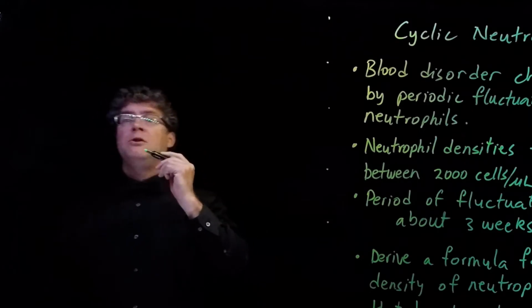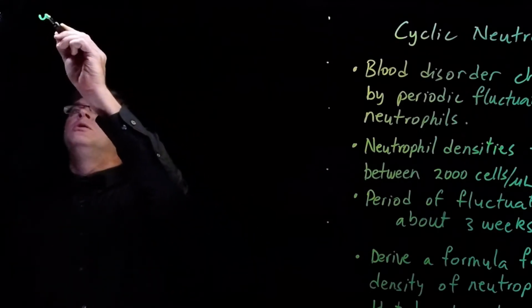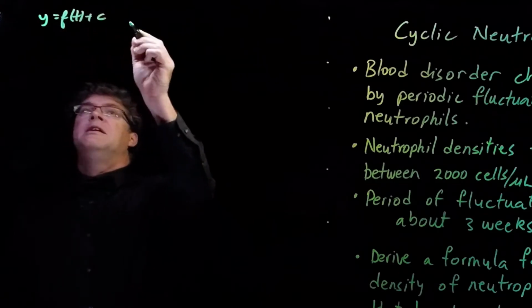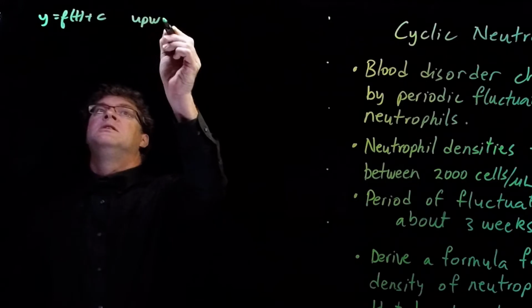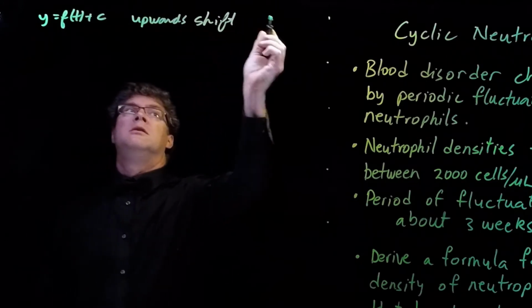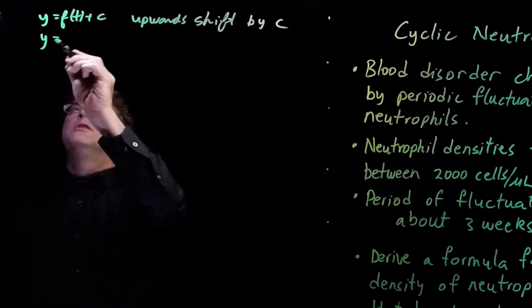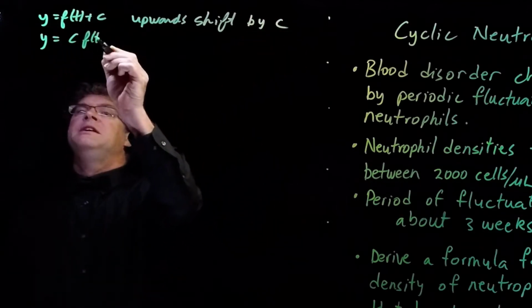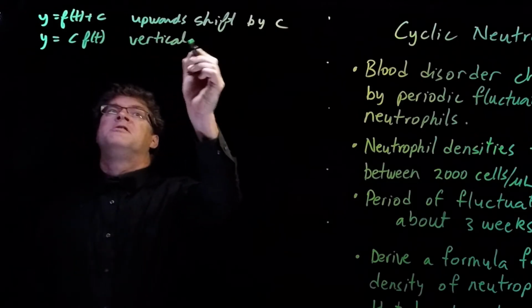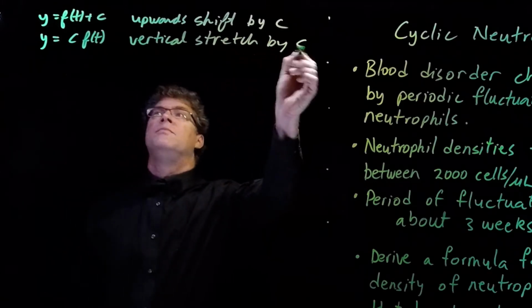Let's remember how we do shifts and stretches, okay? So y equals f of t plus c is an upwards shift by c. y is equal to c times f of t is a vertical stretch by c.